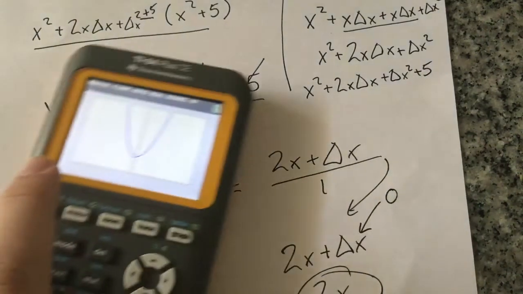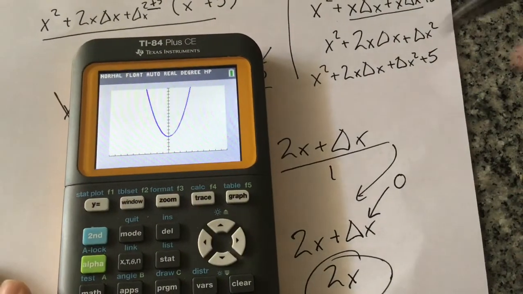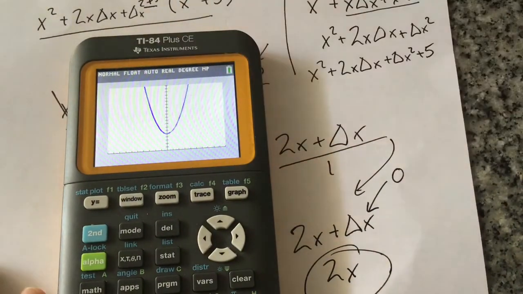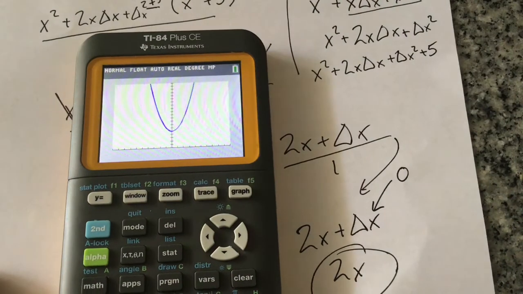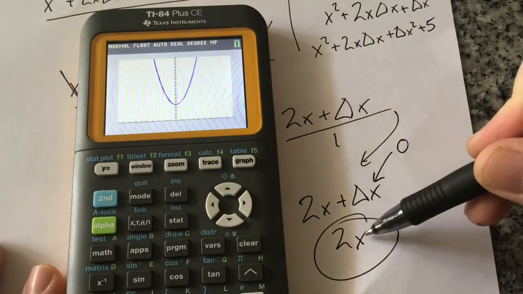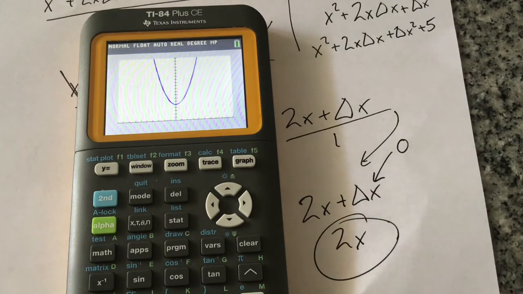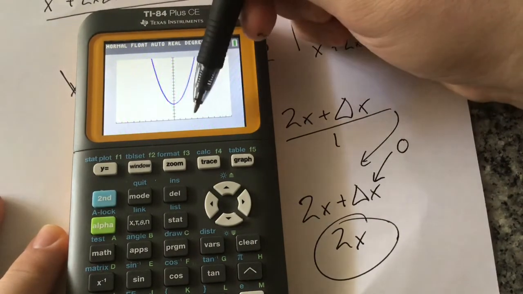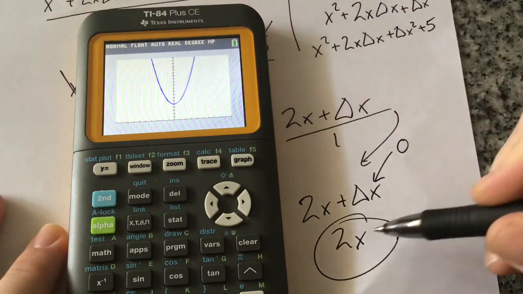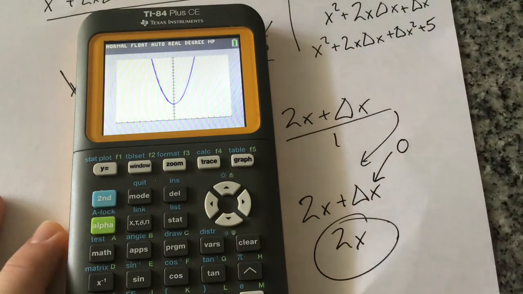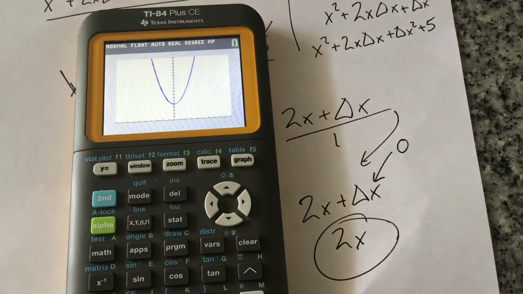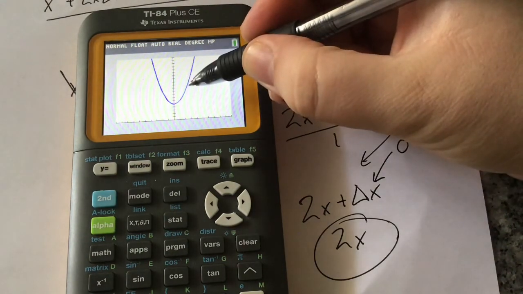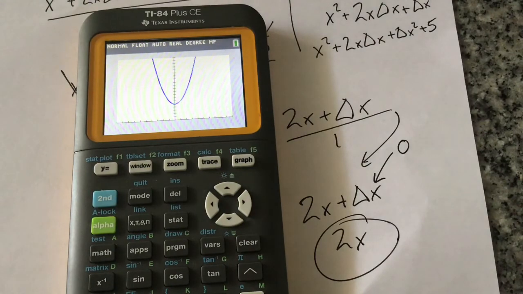So if I have this line right here, and I want to find the slope at the point where x is 1, then I would substitute in 1 for x in my derivative, 2 times 1, and I would find out the slope at that point is 2. Or if I wanted to go to the point where x is 3, right up in there somewhere, then I would say, well, x is 3, 2 times 3 is 6, so the slope at the point where x equals 3 is 6.